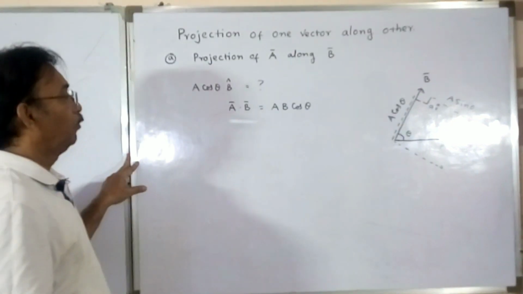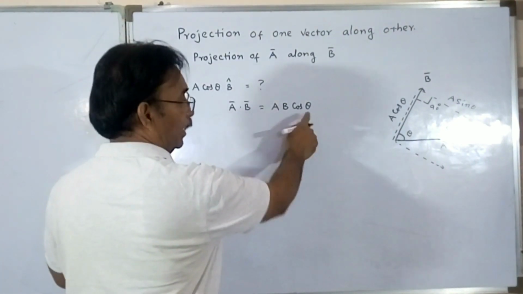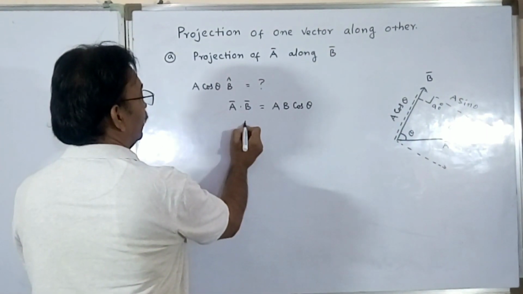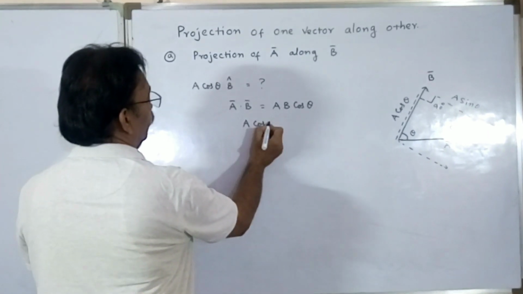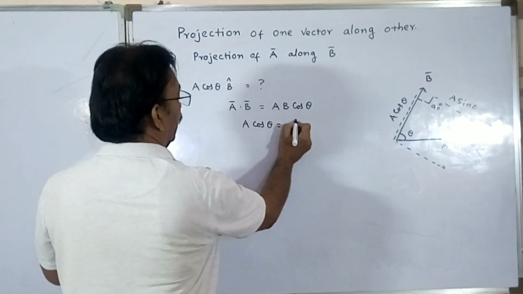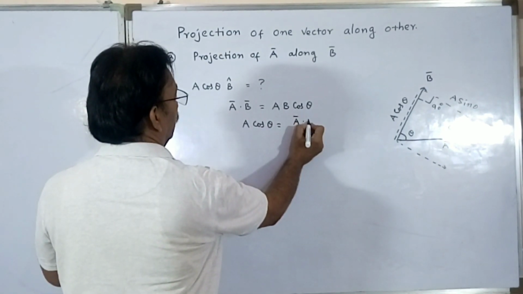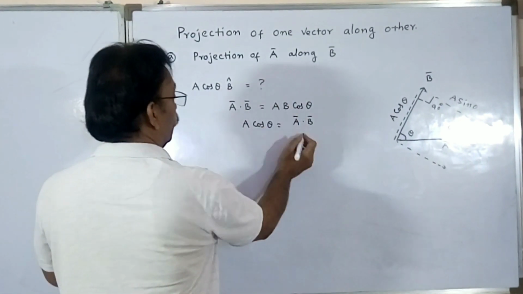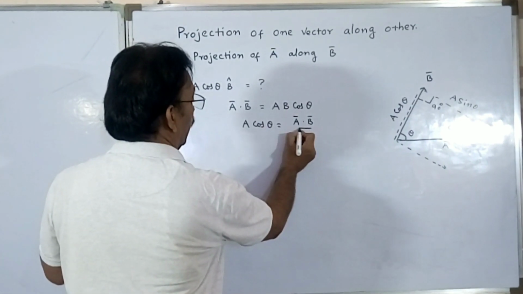Understand? A bar dot b bar is equal to ab cos theta, or you can write a cos theta is equal to a bar dot b bar by b.